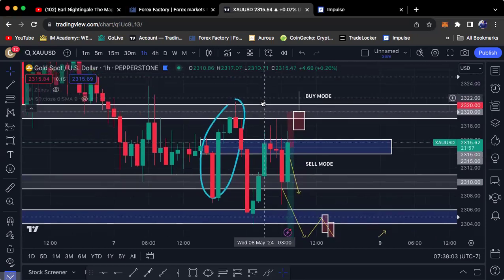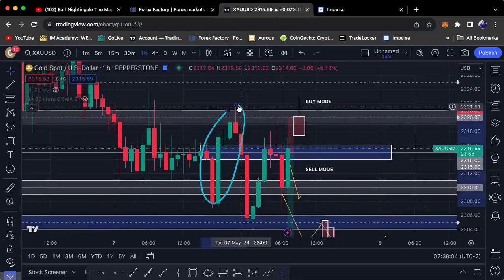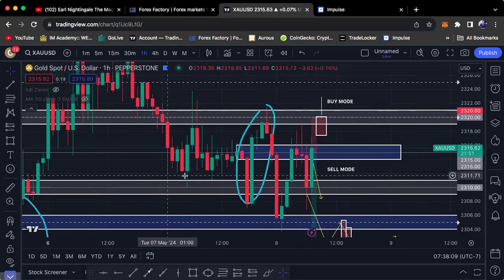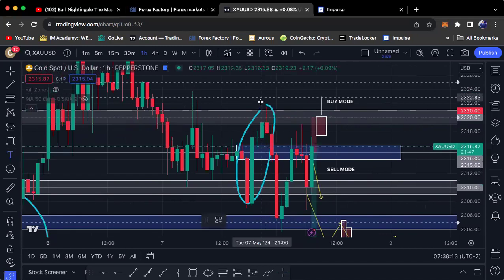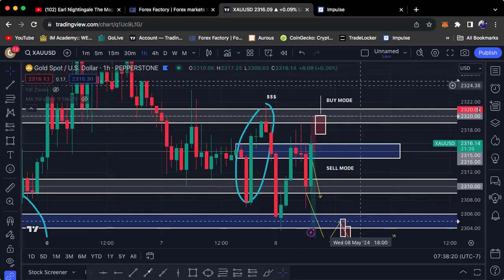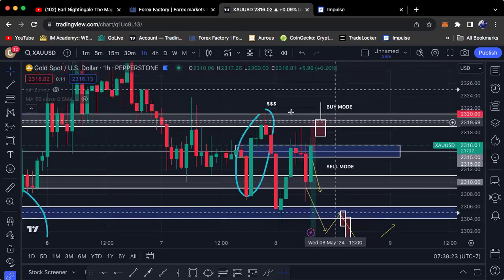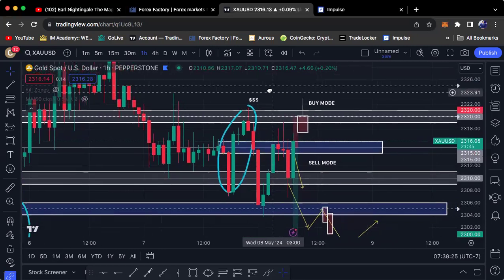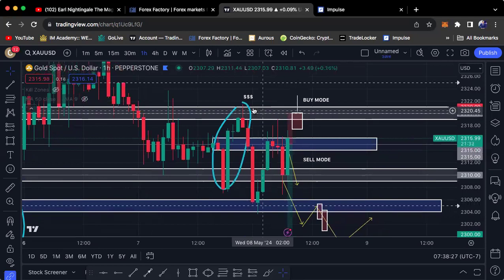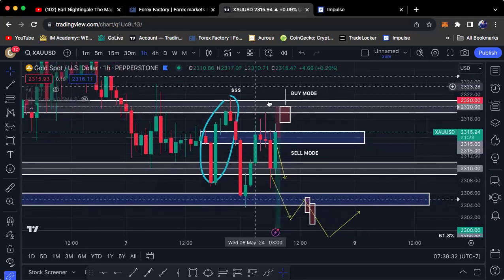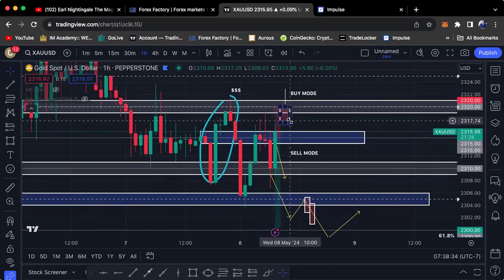Because I know you have liquidity here. That's all money right there. It's all liquidity. Whenever you see wicks like that, it's liquidity.